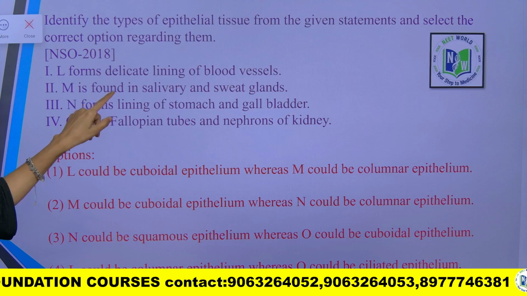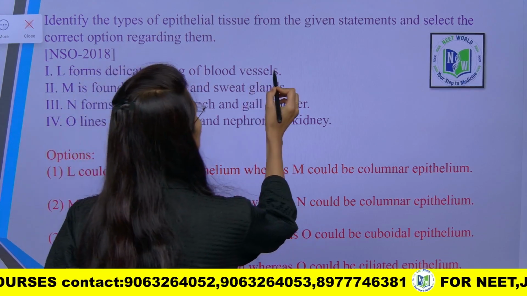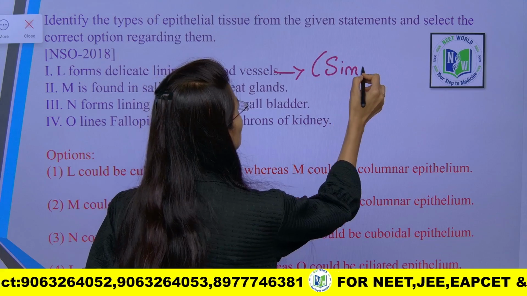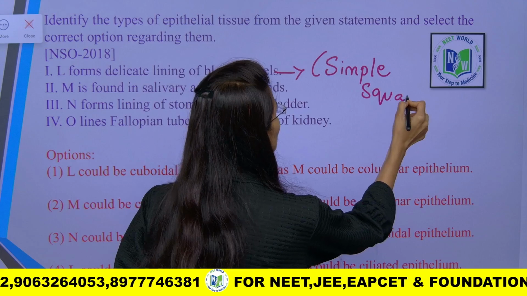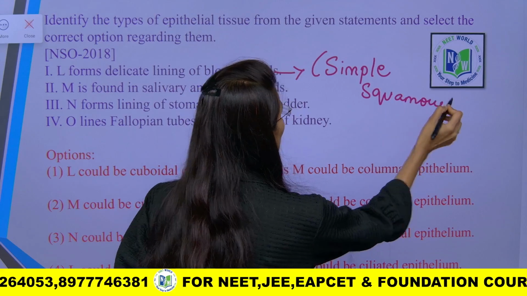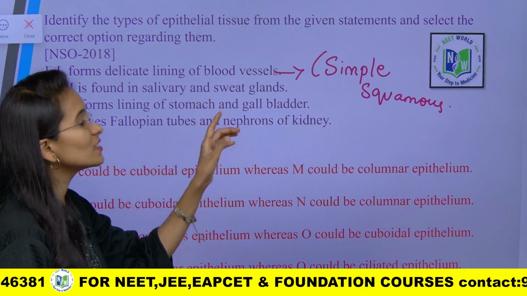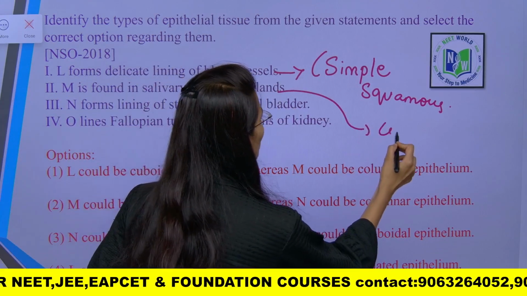L forms the delicate lining of the blood vessels. This tissue is absolutely the simple squamous epithelial tissue. Next, M is found in salivary and sweat glands. So this is the cuboidal epithelium.